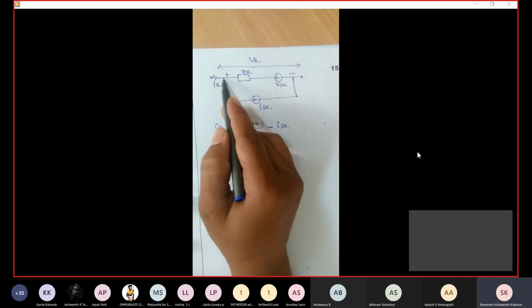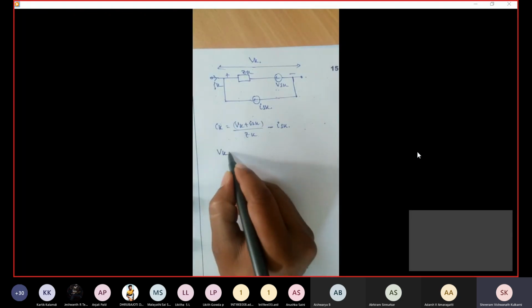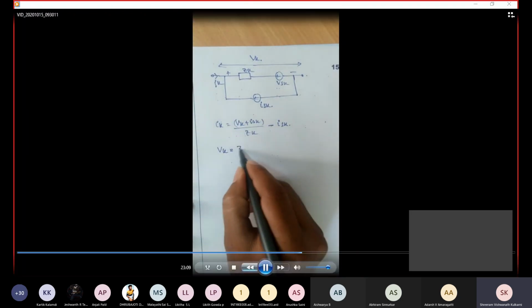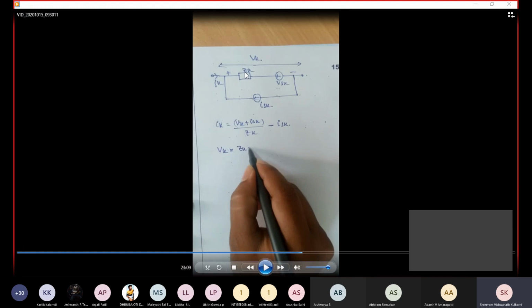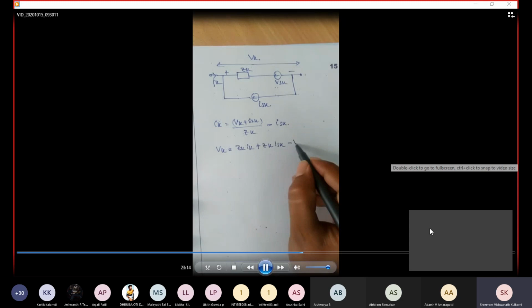At this point I am finding this Ik. I just applied KCL at this node, where Ik is equal to Vk plus Vsk divided by Zk, which is the current in this branch, then minus the source current Isk. So Vk equals Zk Ik plus Zk Isk minus Vsk.